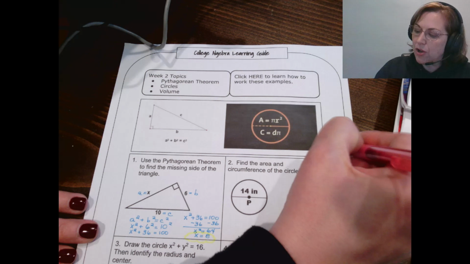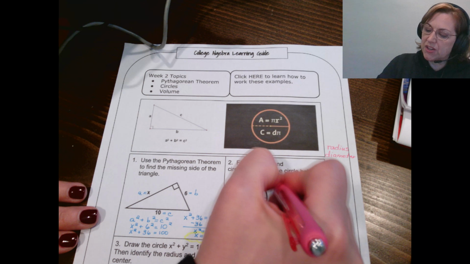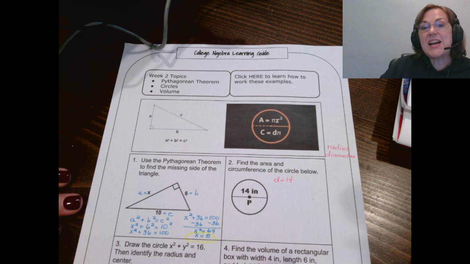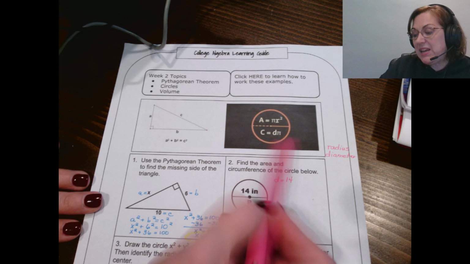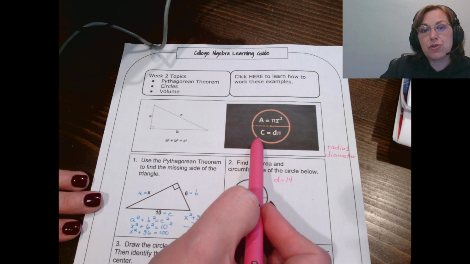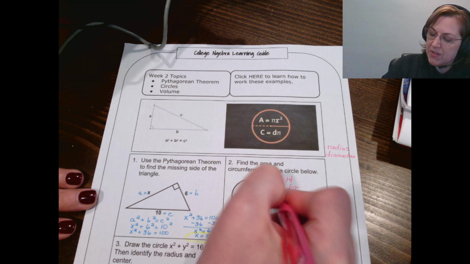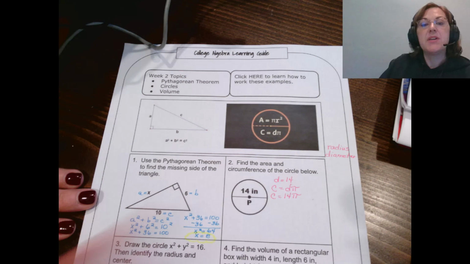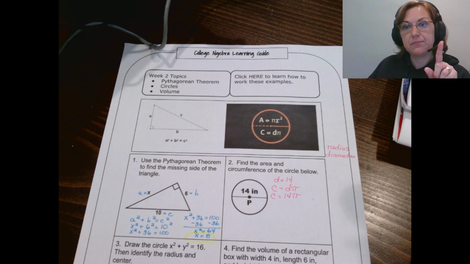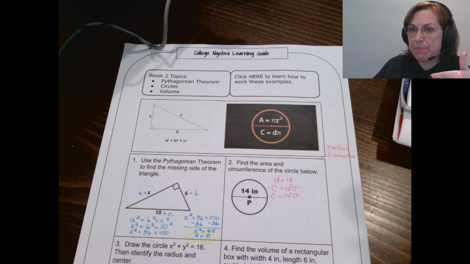So I'm being told in this picture that the diameter is 14. That's pretty easy for me to find the circumference because it has diameter in it. So I'm putting in d times pi, which would give me 14 pi. Now, if your instructions say leave the answer in terms of pi, then you're going to type in 14.